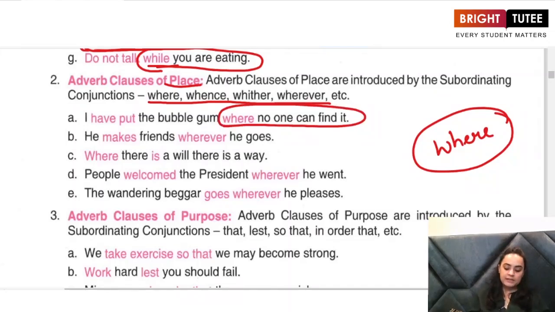He makes friends wherever he goes. Where does he make friends? Wherever he goes. Where there is a will, there is a way. Where is a way? Where there is a will.